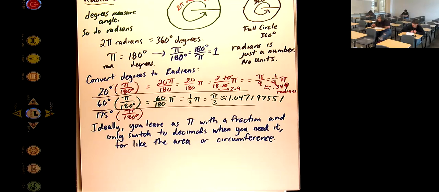Then we'll go the other way, we'll do radians to degrees, and then we'll call it quits for the day. There's more stuff to do in this chapter, but we're running out of daylight.